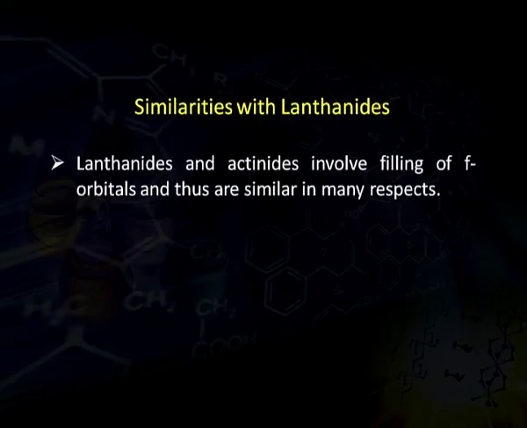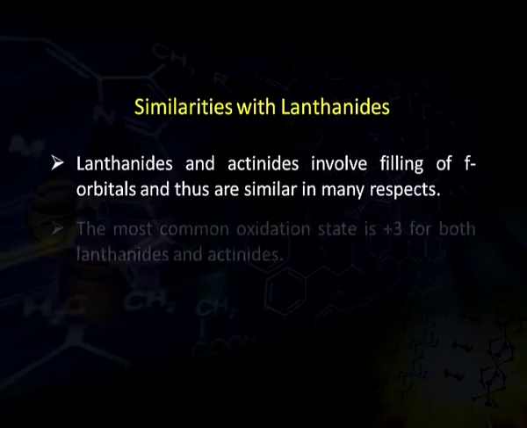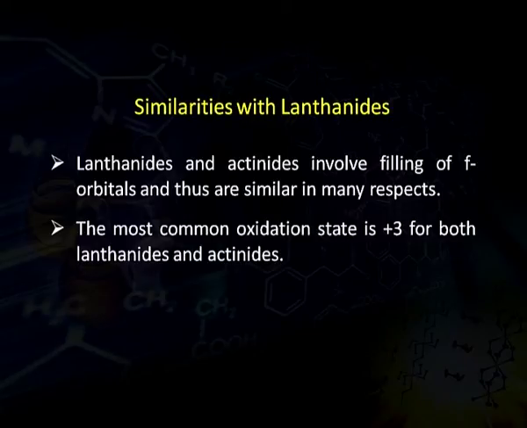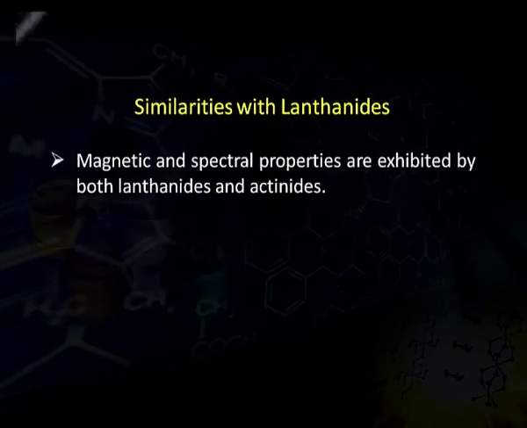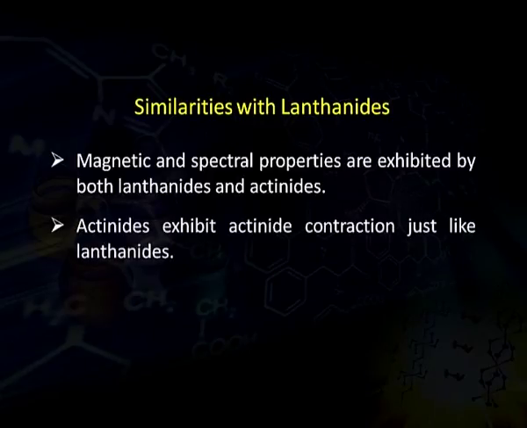The lanthanides and actinides involve filling of f orbitals and thus are similar in many respects. The most common oxidation state is +3 for both. Both are electropositive in nature and thus both are very reactive. The magnetic and spectral properties are exhibited by both.